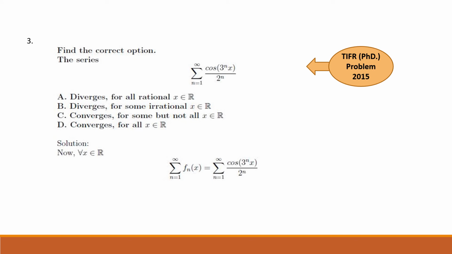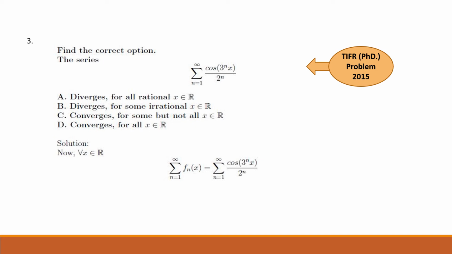Next problem, find the correct option. The series summation n equal to 1 to infinity cos(3 to the power n x) by 2 to the power n. There are 4 options.